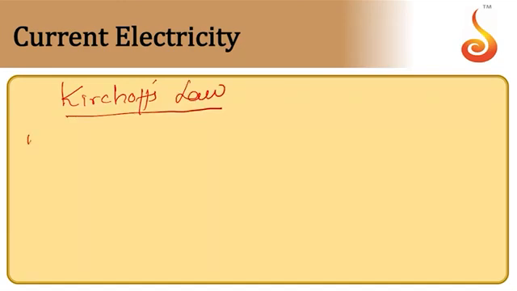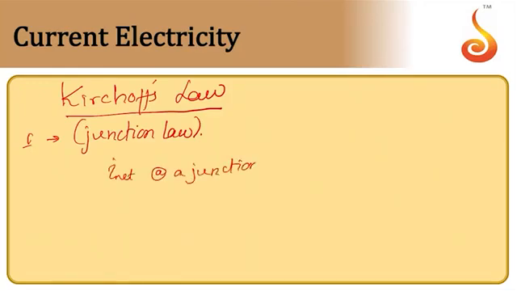The two laws: first is the Junction Law, also known as nodal analysis, or node law. According to this, the net current at a junction is equal to 0.